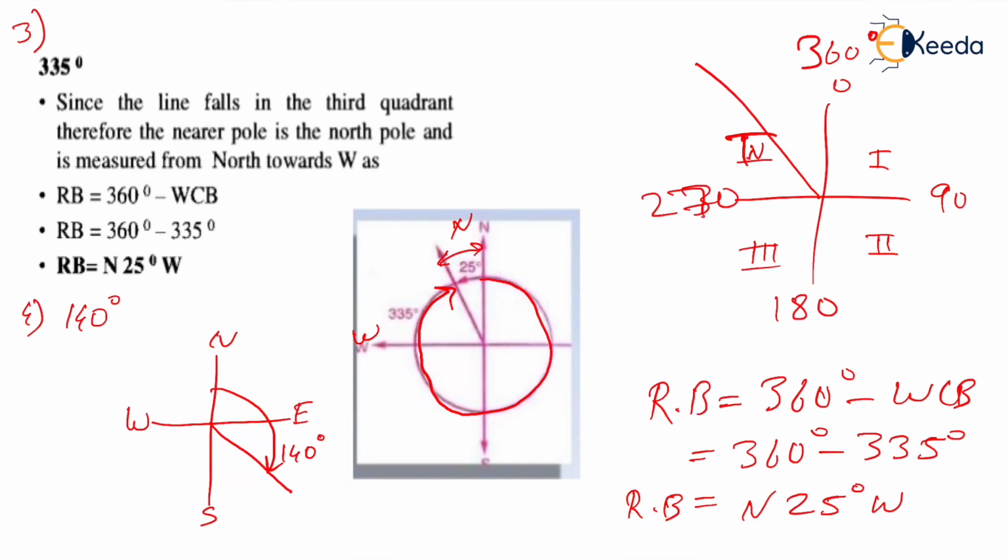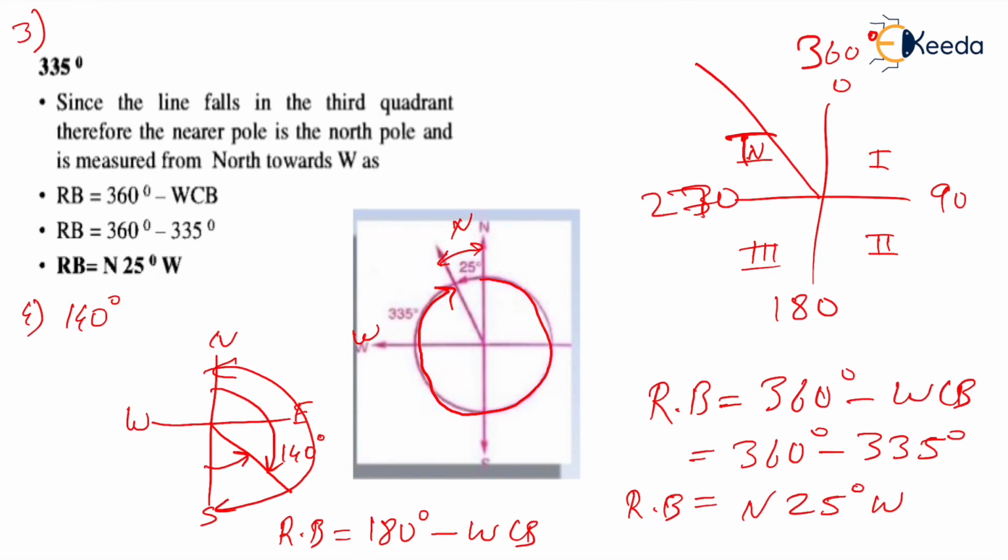So what was the rule for second quadrant? RB is equal to total 180 degree, north to south, minus your WCB, which gives us the angle south east.